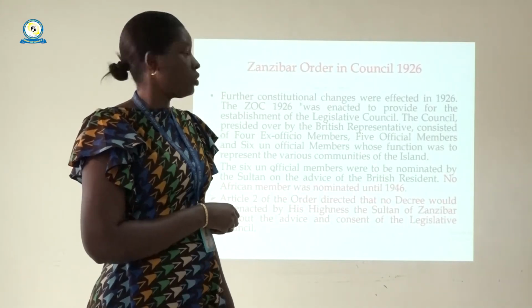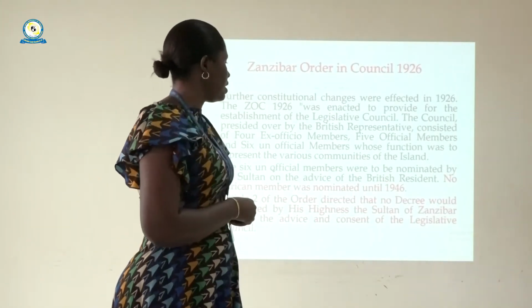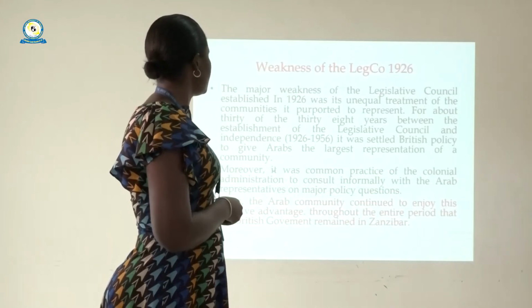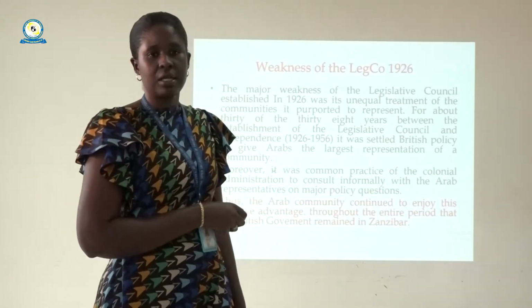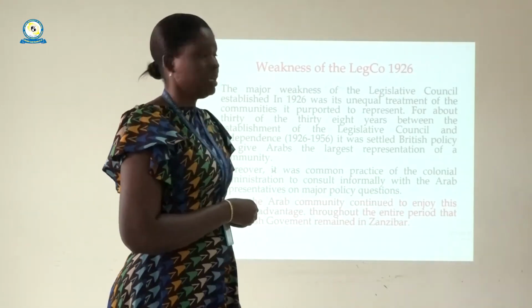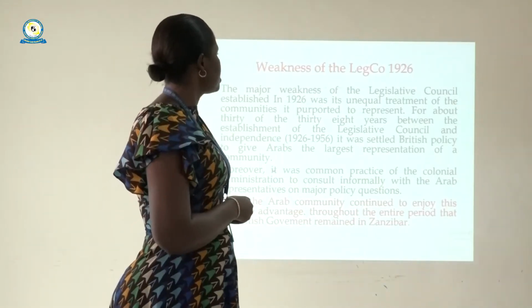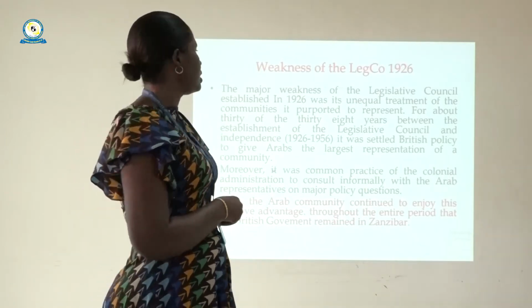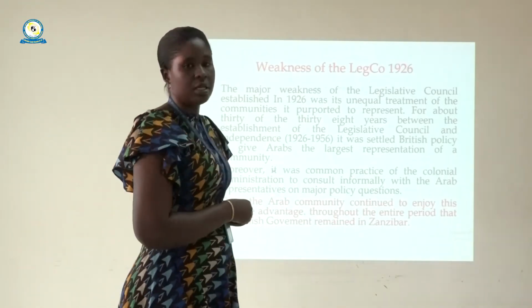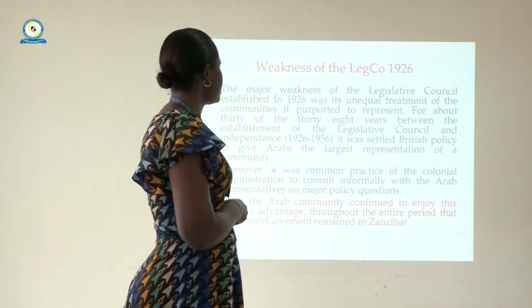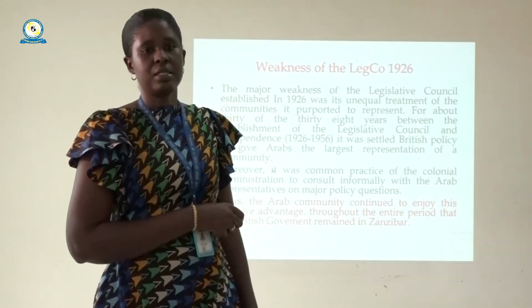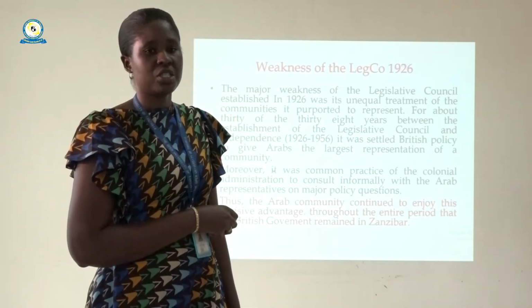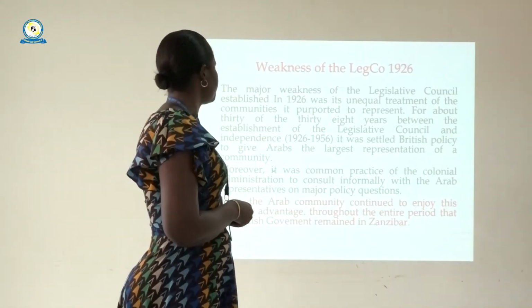You can go through Article 2 of the order. Let's see briefly the weakness of the Legislative Council, which was formed by the Order in Council of 1926. The major weakness here was unequal treatment of communities.